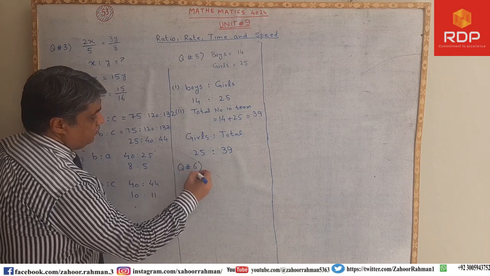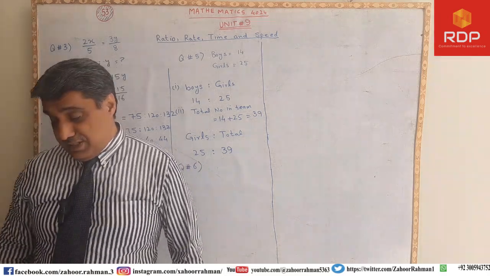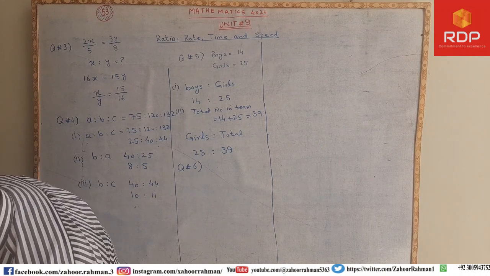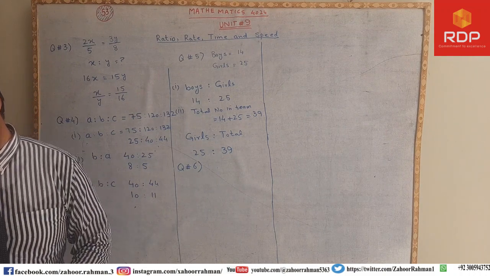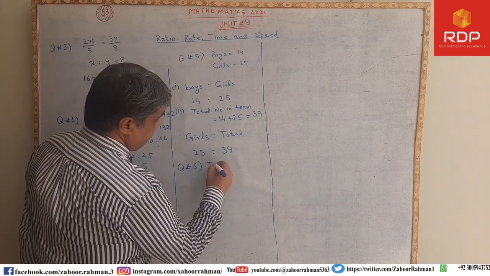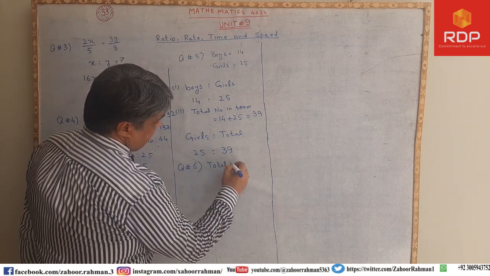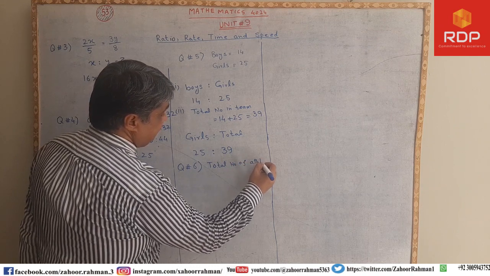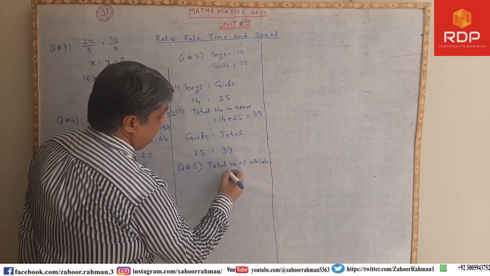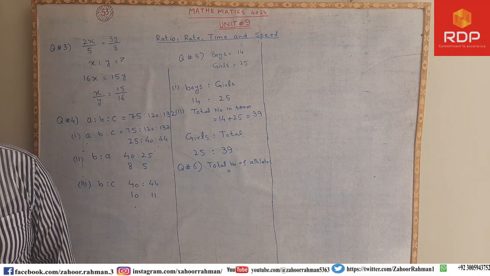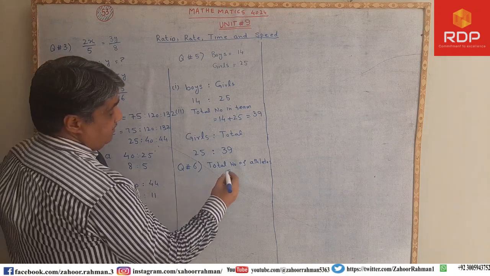Now we have question number 6. A total of 3,600 athletes. I am writing the total number of athletes as 3,600.